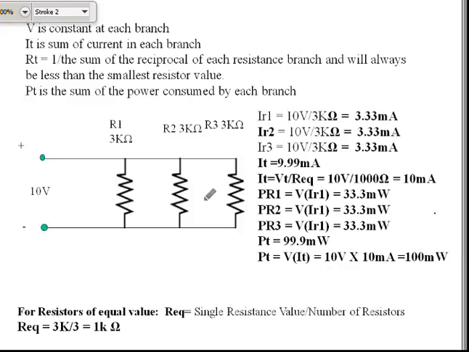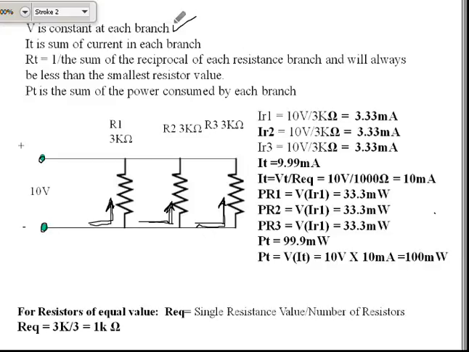Okay, parallel circuits have characteristics of their own. Where in a series circuit we had a single path for current to flow, in a parallel circuit we've got multiple paths for current to flow, and each one of those paths is connected to a common voltage source. So in a parallel circuit, voltage is constant at each branch.